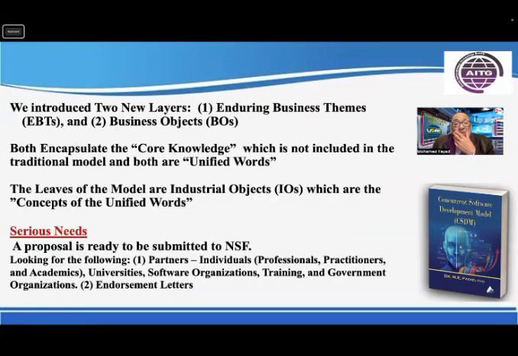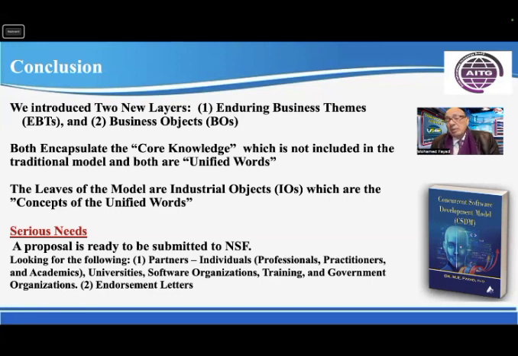So in this case here, what we did, we introduced two new layers, enduring business themes and business objects. Never been shown before in traditional models. Both encapsulate the core knowledge, which does not exist in tangible models, or the class diagram, or the system we're building, which is not included in traditional models, and both are unified words.